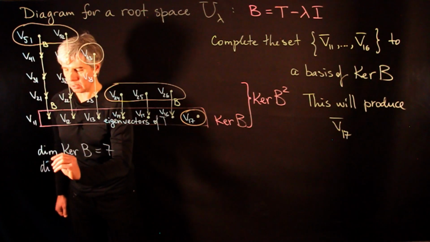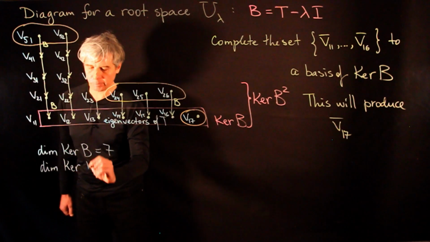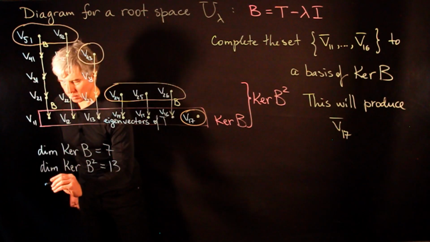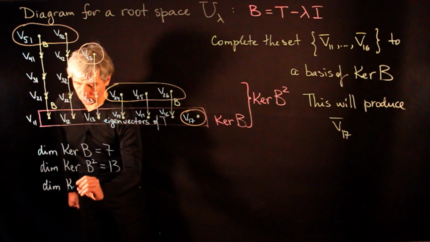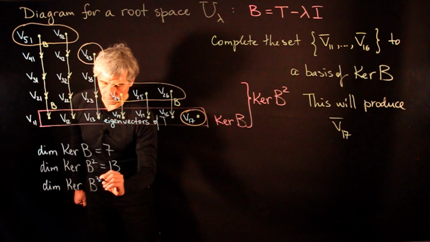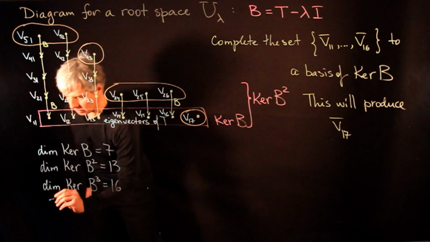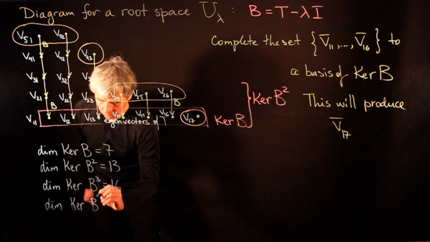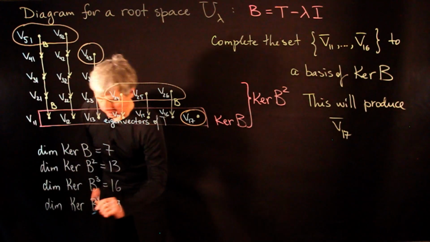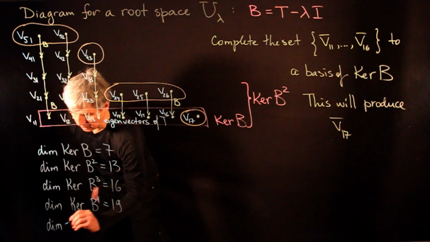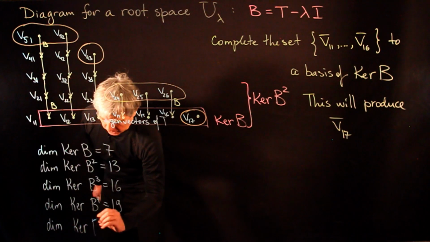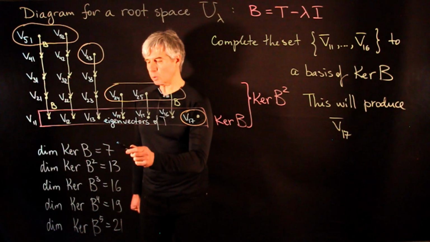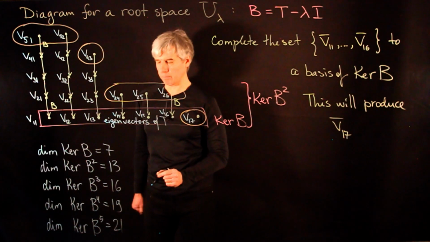The dimension of the kernel of B squared is 13. The dimension of the kernel of B cubed is 16. The dimension of the kernel of B to the power 4 is 19. And finally, the dimension of the kernel of B to the power 5 is 21. So we have computed this increasing sequence of numbers.